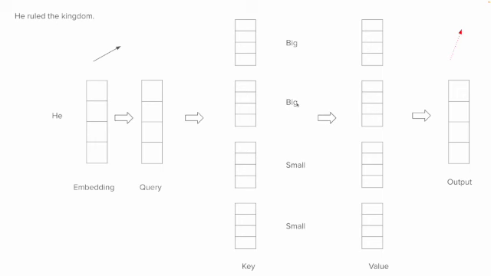So we take these things, we get these numbers, dot product numbers, and we multiply it with the values that each of these words have. So we have 4 such values that we got from embeddings. Now once we multiply big with this big, you get bigger set of values here also big, and here the values become small. And then you take a weighted sum of that, which basically means that these two vectors will add on to each other, and these two may not have that much of influence.